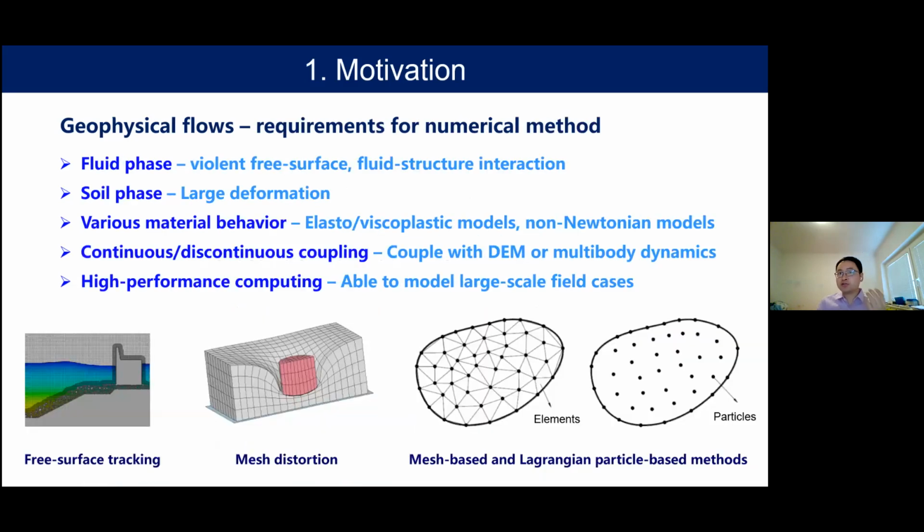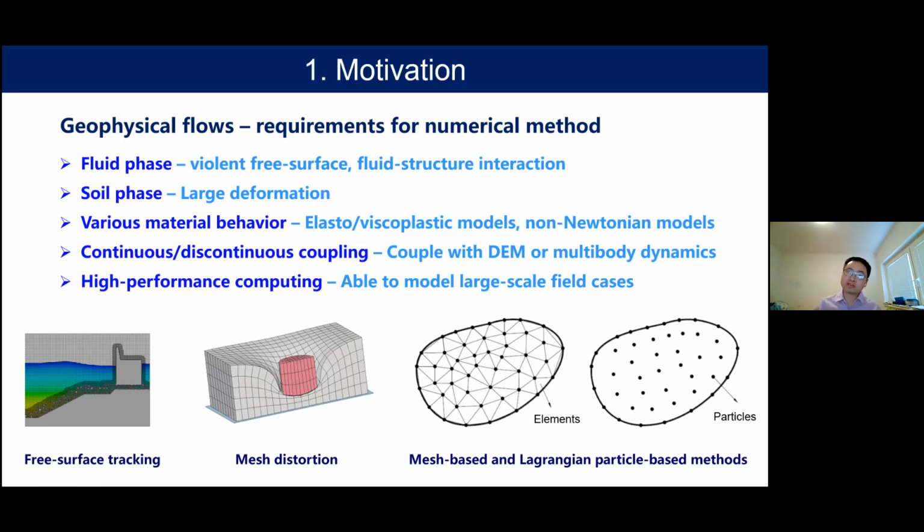Generally, you need to model the fluid phase and you need to model the soil phase. And if you consider them as a discontinuous coupling problem, then you need another method to model the discrete phase, like the large rocks.